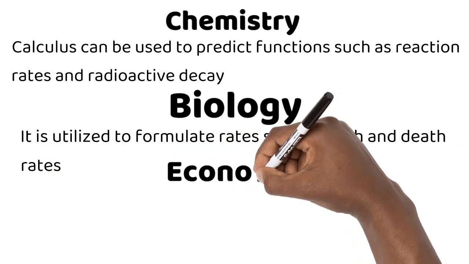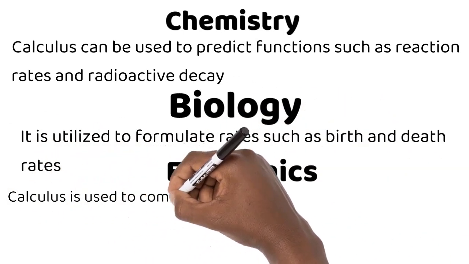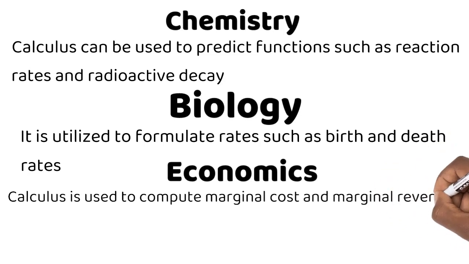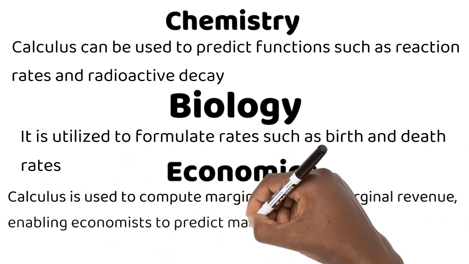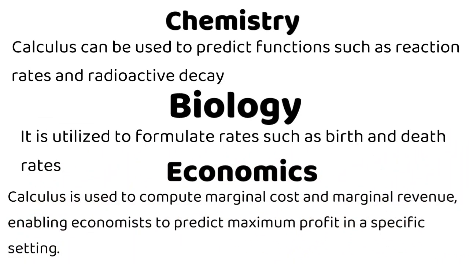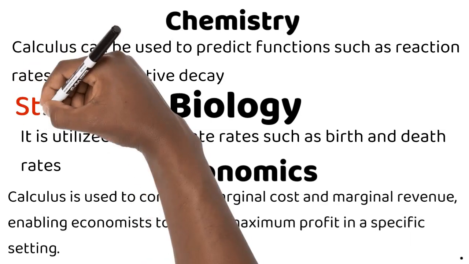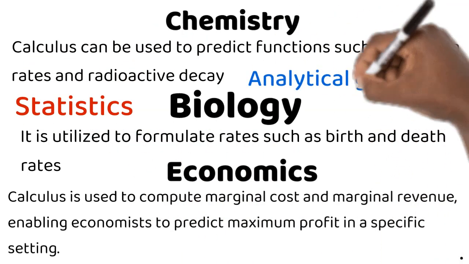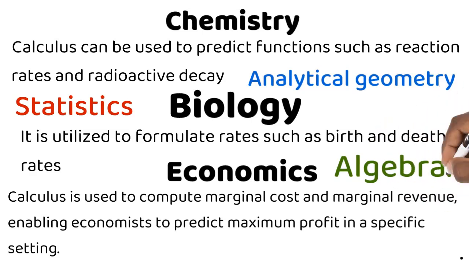In economics, calculus is used to compute marginal cost and marginal revenue, enabling economists to predict maximum profit in a specific setting. In addition, it is used to check answers for different mathematical disciplines such as statistics, analytical geometry, and algebra. As you can see, calculus has a huge role in the real world.